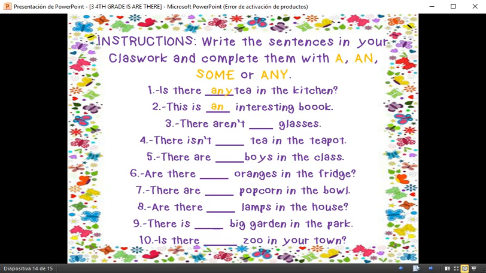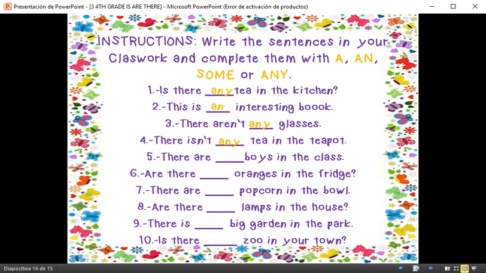The next word starts with a vowel, with I. Number 3, there aren't any glasses. We are using any because it's a negative sentence. Number 4, there isn't any tea in the teapot. Once again, any because it's negative sentence.